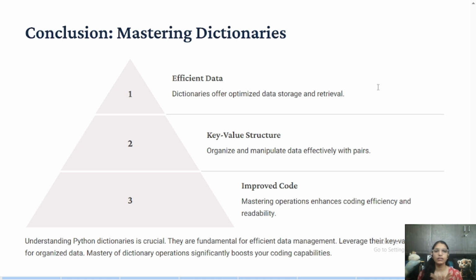They offer efficient data storage and retrieval, and they organize and manipulate data effectively with key value pairs. Mastering these operations enhances code efficiency and readability. So that's all about dictionaries.